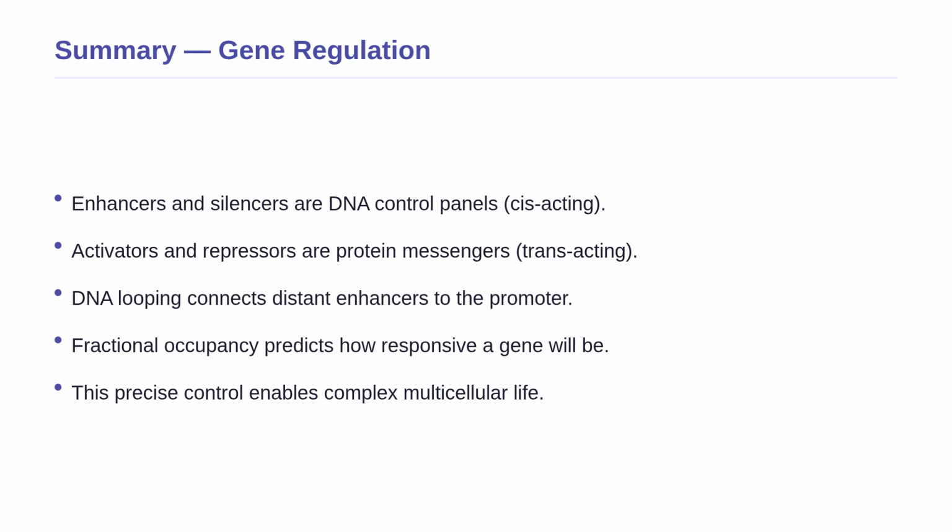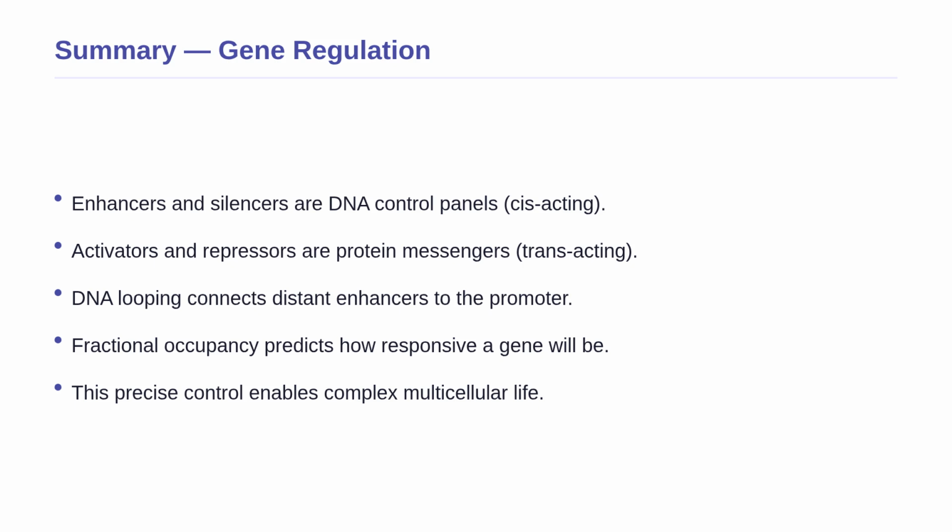We have covered a lot of ground today, so let us review the key takeaways. First, we learned that enhancers and silencers act as the regulatory control panels embedded directly within the DNA strand. Second, activators and repressors are the trans-acting protein messengers that bind to these panels to either crank up or shut down gene expression.